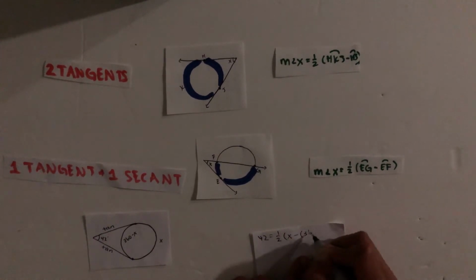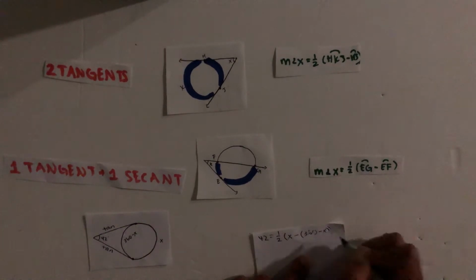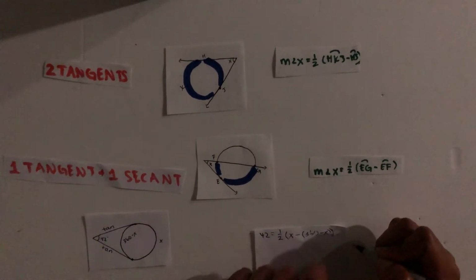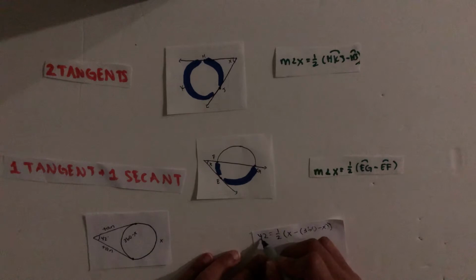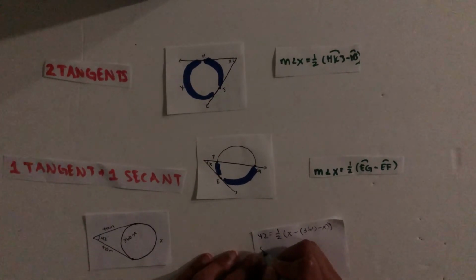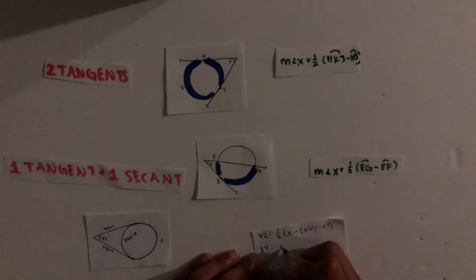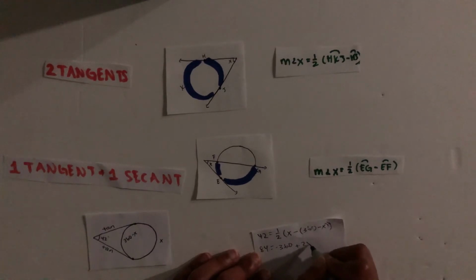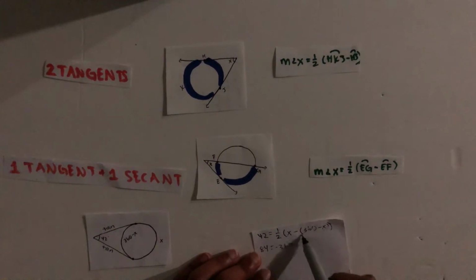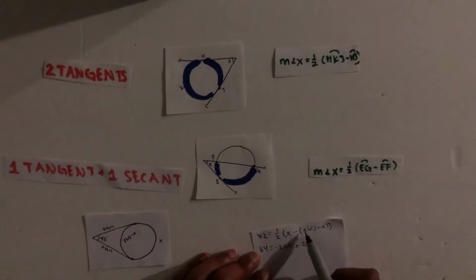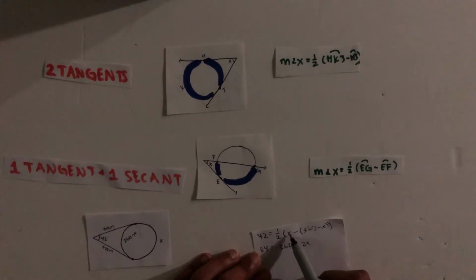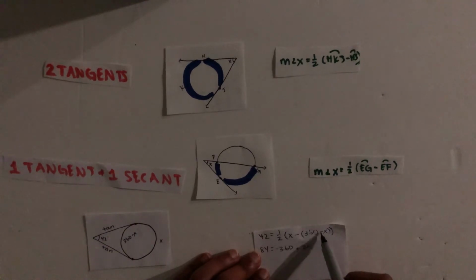So 360 minus x. Okay, and now we can multiply by 2 on the other side to get 84, which is equal to negative 360 plus 2x. That's what this would be simplified down to when you subtract the x from the 360 minus x.